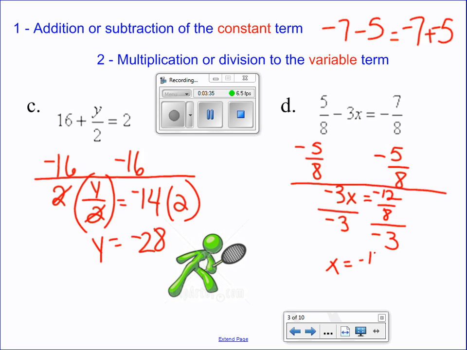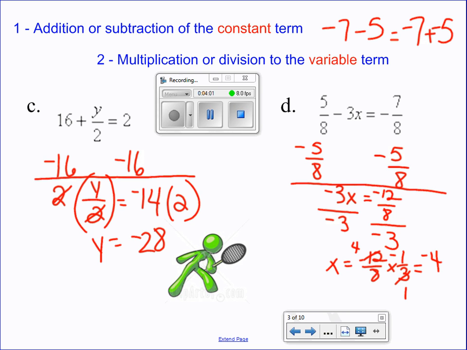So negative 12/8 divided by negative 3, I'm going to then multiply times its reciprocal since I'm dividing with a fraction. Next, I'm going to simplify before I multiply. Now I have 4 times negative 1 is negative 4.